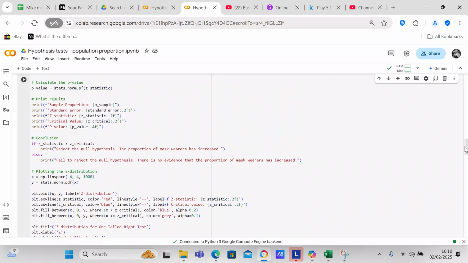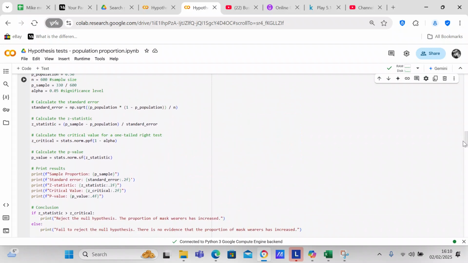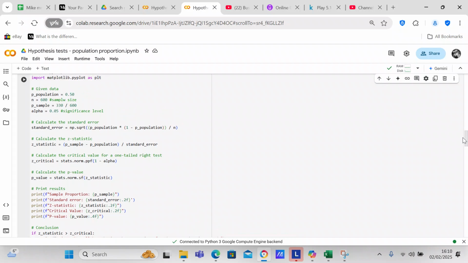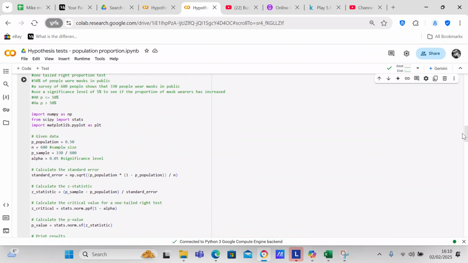So if you're going with the p-value, then you'd have to go with the alternate hypothesis, and the reason why is because it's less than 0.05. And the alternate hypothesis is P is greater than 50%.